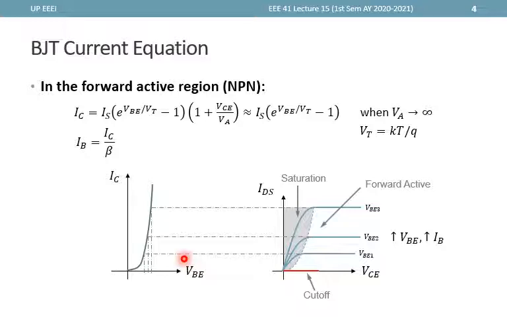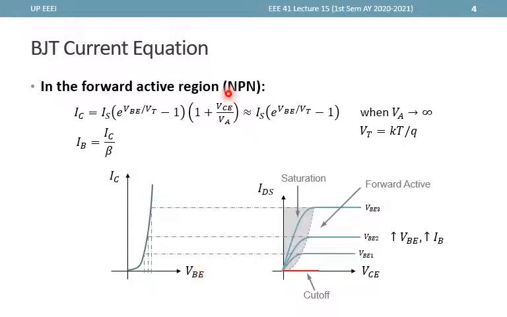And since this is the equation for the forward active region, what we normally get is the current values in the forward active region and refer it to some current point in the IC-VBE curve.